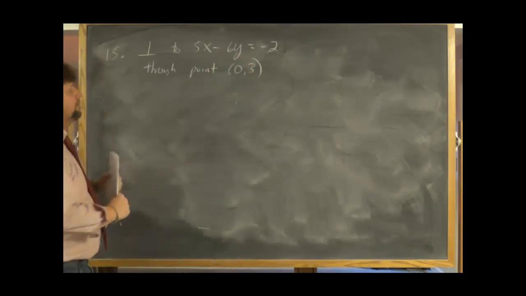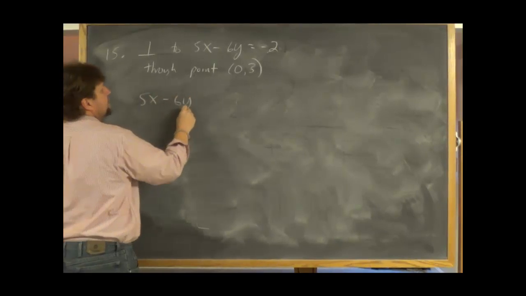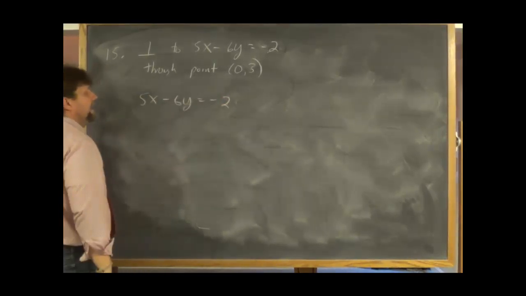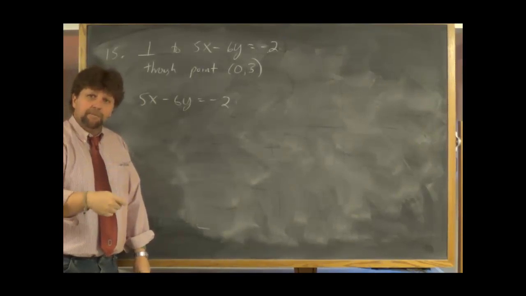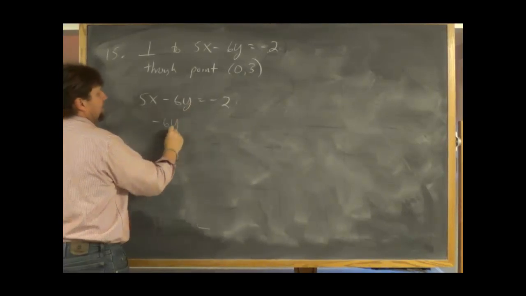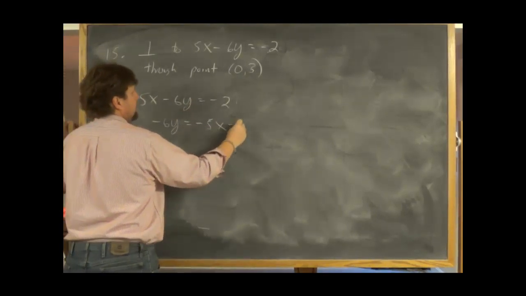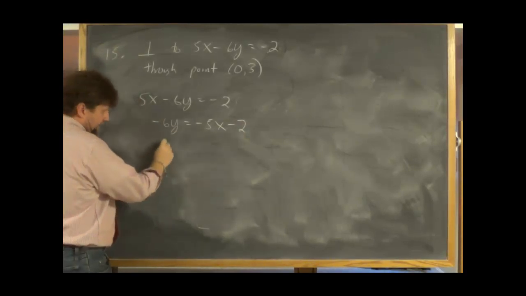So to get the slope of that line, I'm going to take this equation and solve it for y. That'll put it into y equals mx plus b form. And to do that, I'm going to subtract 5x from both sides. And then divide both sides of the equation by -6.